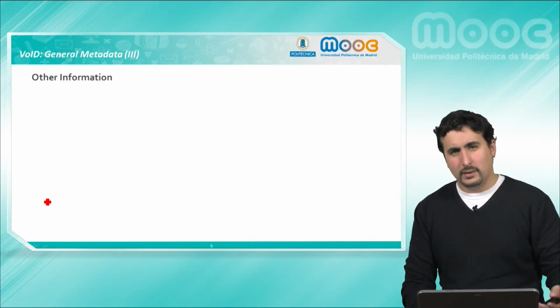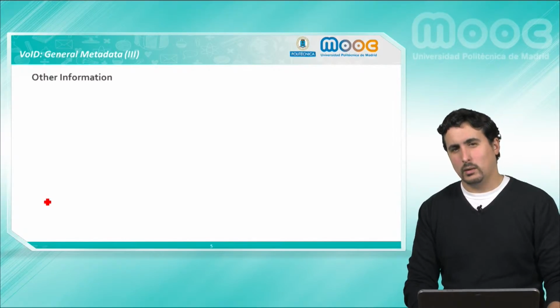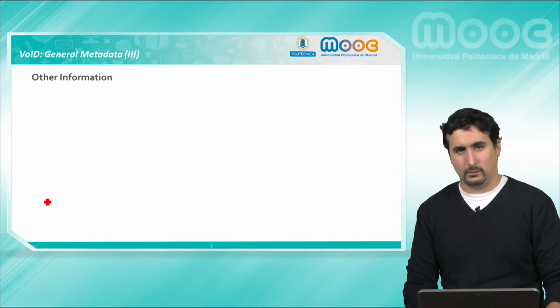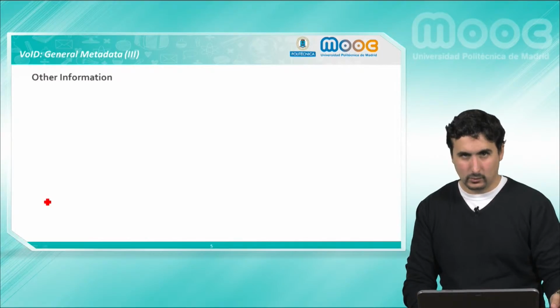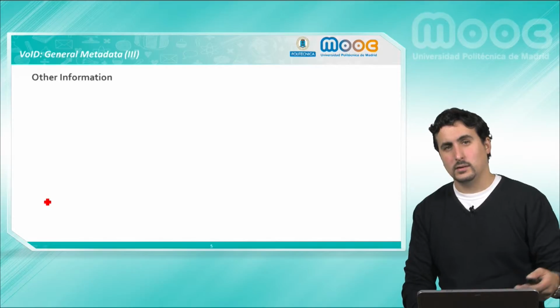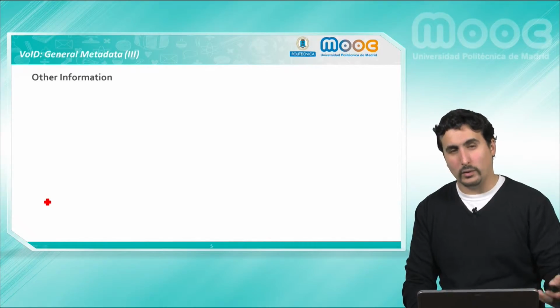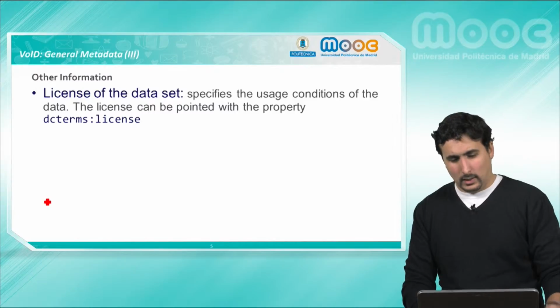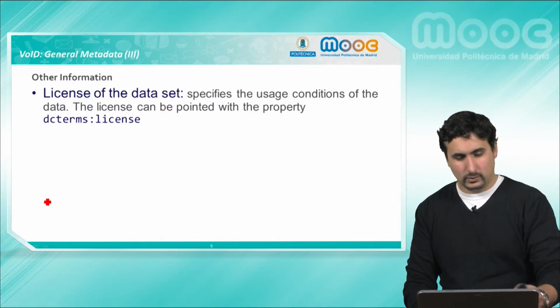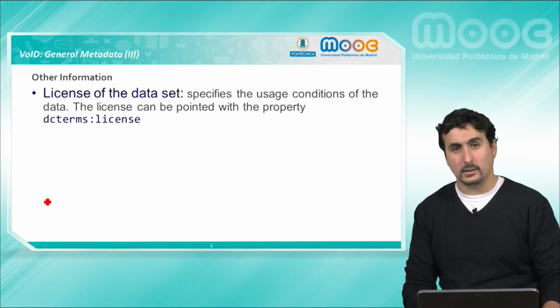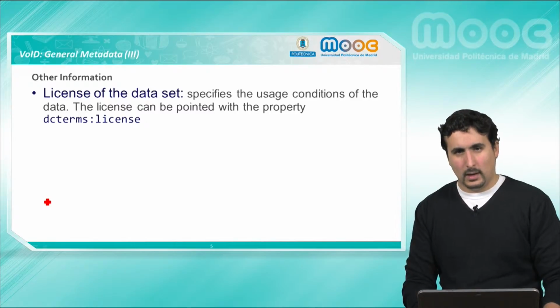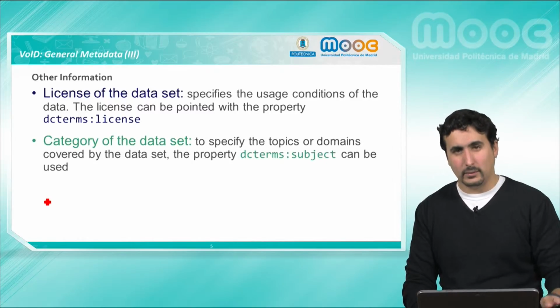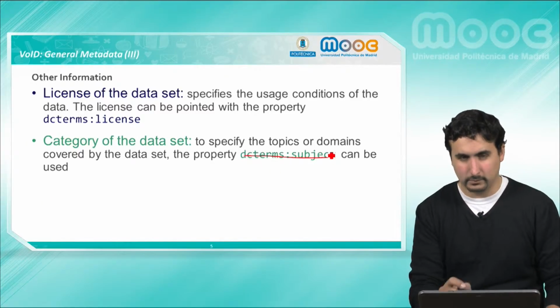One of the relevant things that we can specify using VoID is the license for our data, which will allow users to understand which are the usage rights that they hold over our data. For that we use the dcterms:license property. As well, we can state the category of our data using the dcterms:subject property.